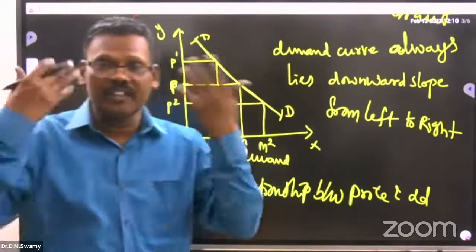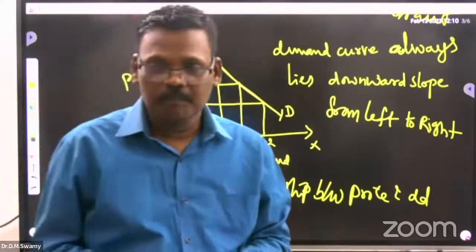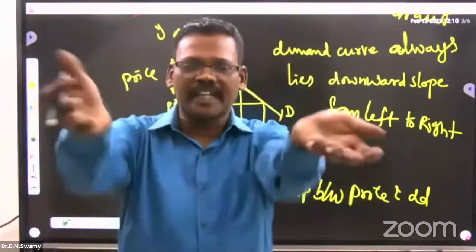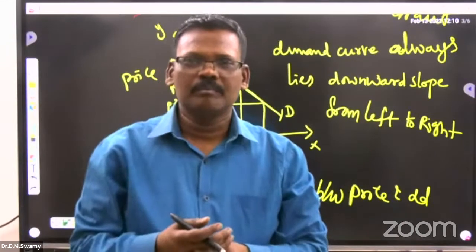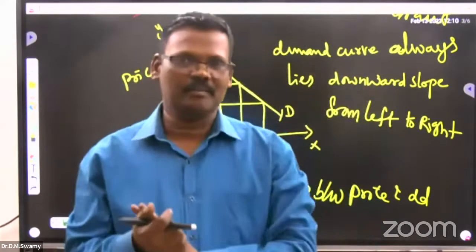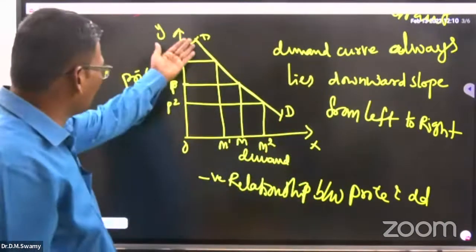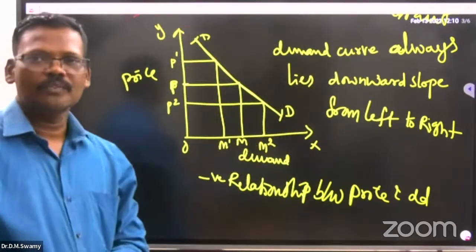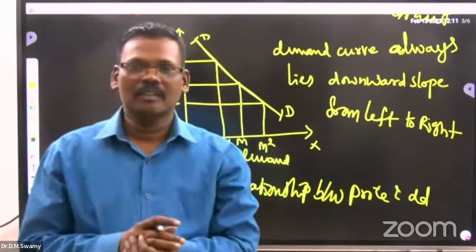This is called an inverse relationship, or opposite relationship, between price and demand. That's why the demand curve lies like this. This is called price demand.